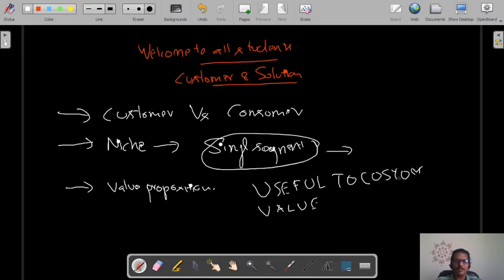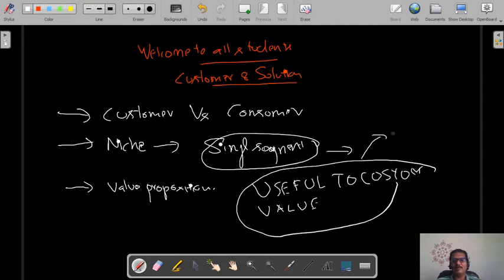That is, the customer will buy your product only if it solves their purpose, and it also gives some extra values. Okay. So it may be the uniqueness of the product, it may be the cost, how you are differentiating.